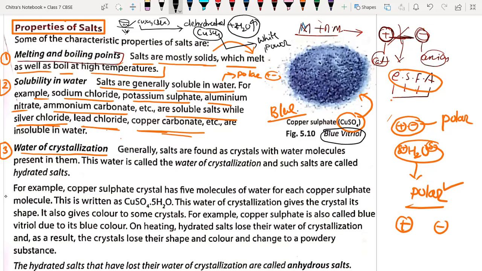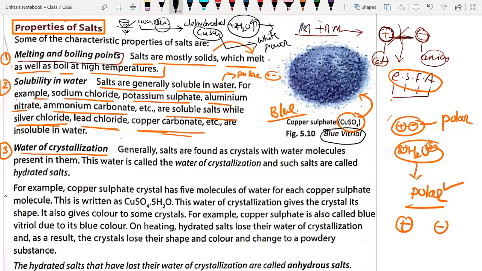That means that blue color is due to the water molecules present in the crystalline structure of the salt. So that water present in the crystalline structure of salts is called water of crystallization.